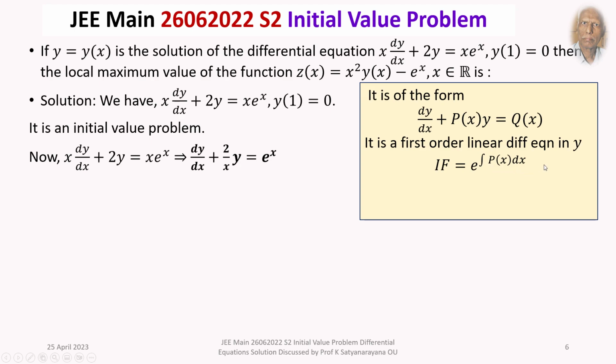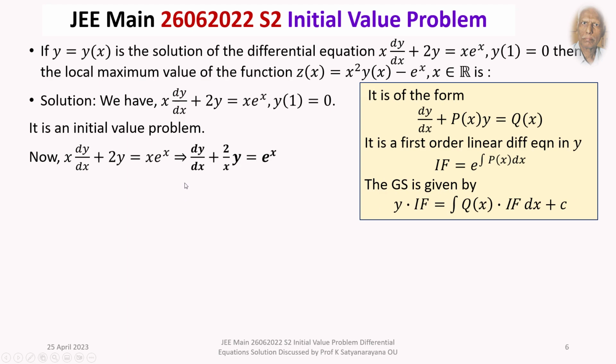Then we obtain the general solution as y into integrating factor is equal to integral q of x, that is the right hand side function, multiplied by the integrating factor, integrated with respect to x, plus c, where c is the constant of integration to be determined.